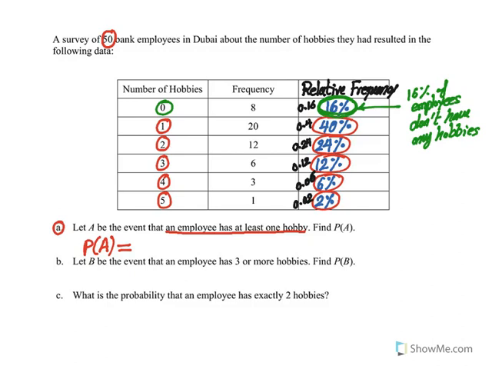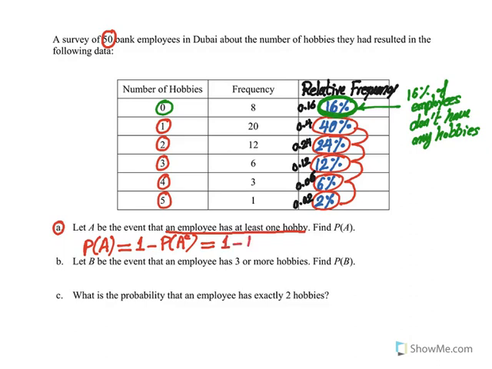So probability of A is 1 minus the probability of the complement of A. That's exactly what I told you. Instead of finding the addition of all of these probabilities, you can take 1 minus the probability of the complement, which is no hobbies. So probability of at least one hobby is like 1 minus the probability of no hobbies.